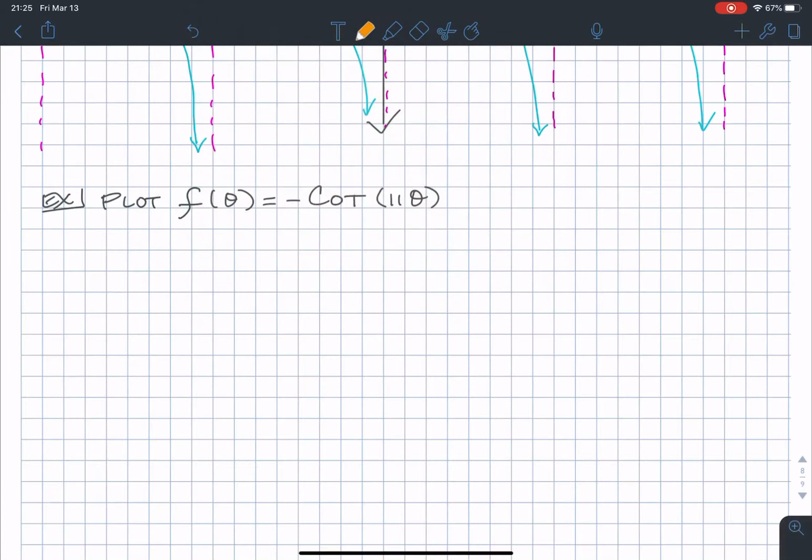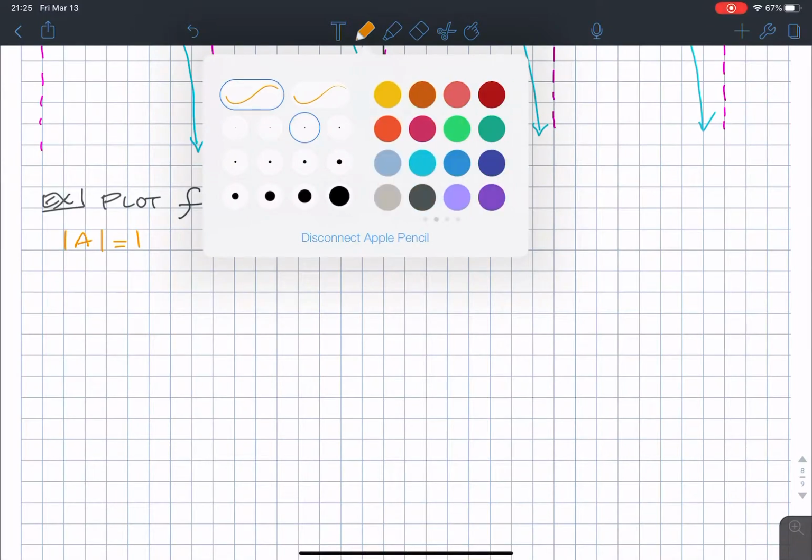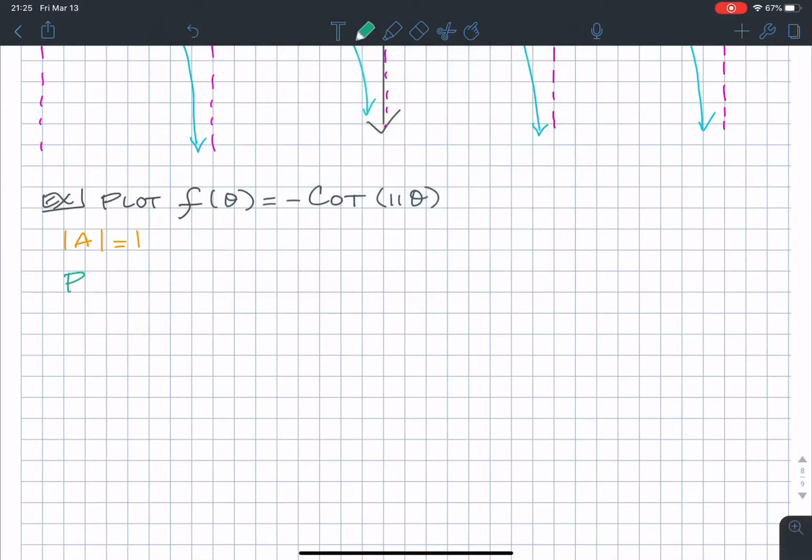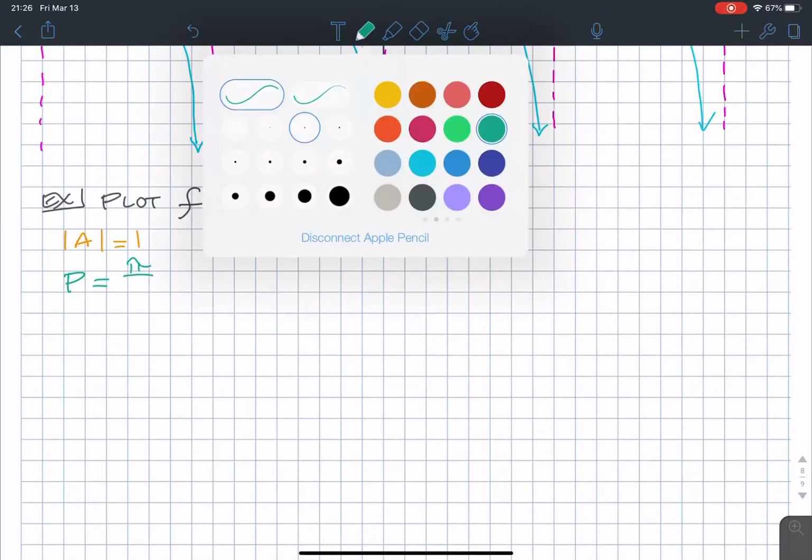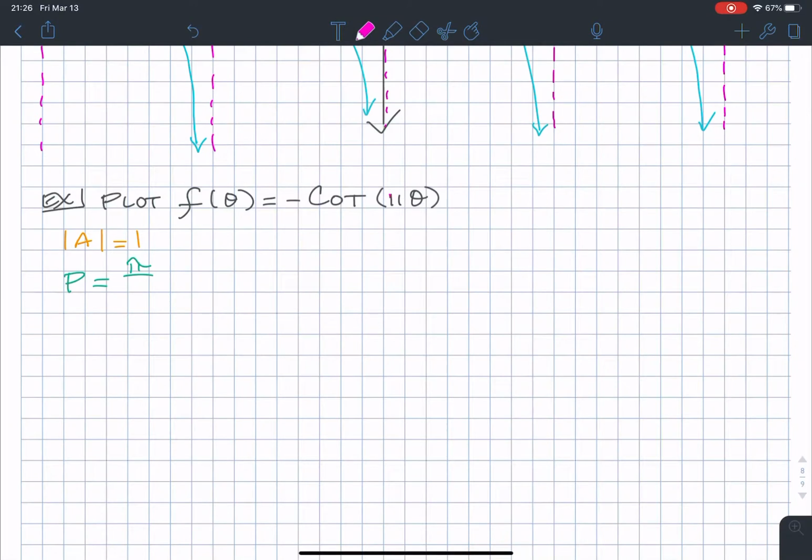So in this case, we have that the amplitude is equal to 1. The period, which of course is 2 quadrants, will be pi divided by the coefficient of theta, which in this case is 11. And remember, that's for 2 quadrants. 2 quadrants, whatever that may mean. And notice we've got this minus sign, which means it's got an x-axis reflection.